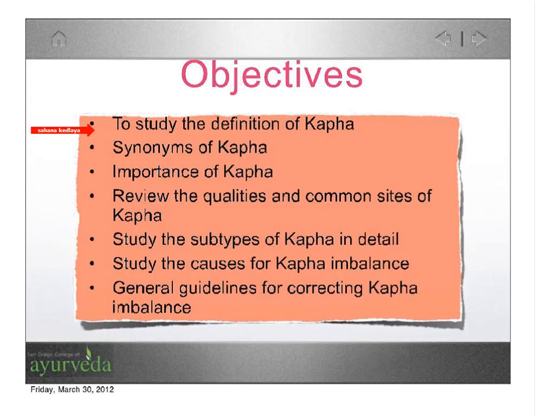So first we'll look at the definition of Kapha, then we'll look at a couple of synonyms of Kapha, then we'll study why Kapha is important in the body, how it helps to maintain the life of a person. Then we'll quickly review the qualities and common seats of Kapha.